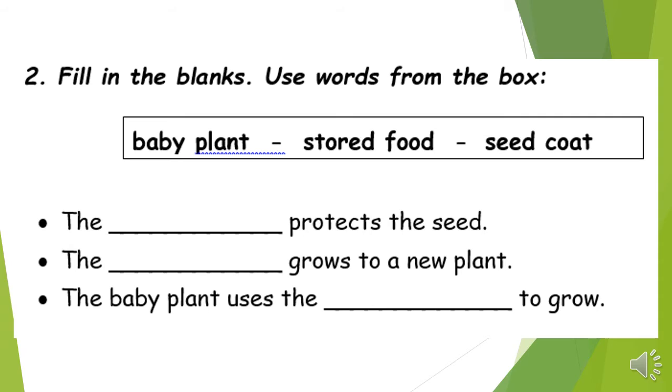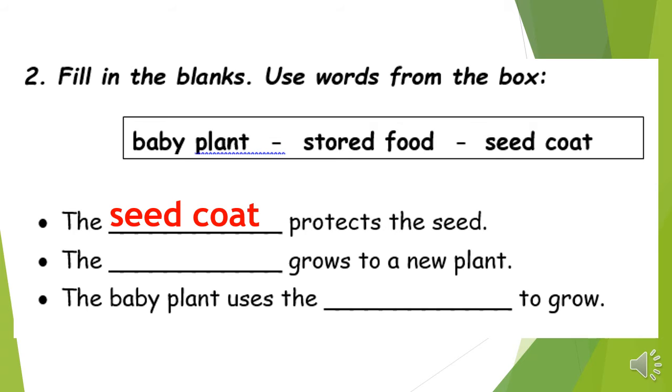Protects the seed. Which part protects the seed? Protects as you wear, for example, a coat in winter to protect your body from the cold weather. The seed also has a part that protects it from damage, which is the seed coat. Excellent. So I have to write the seed coat.